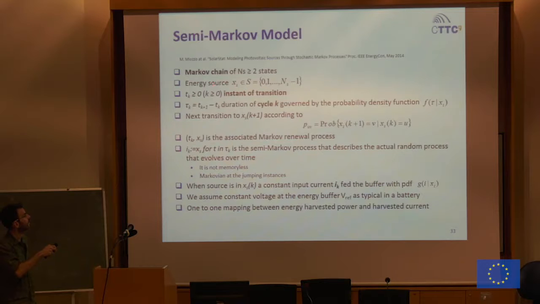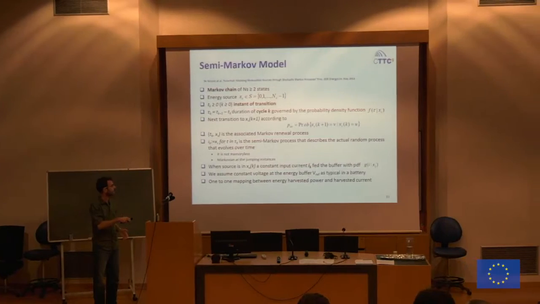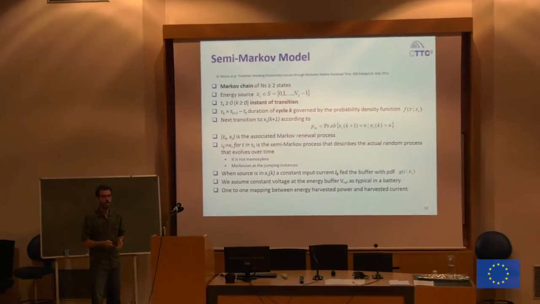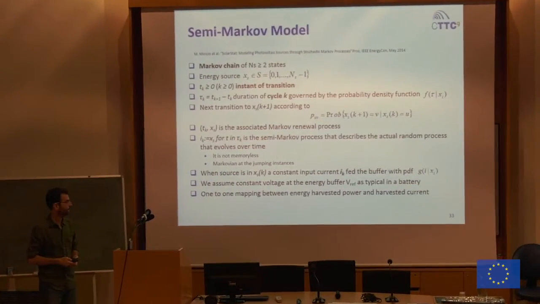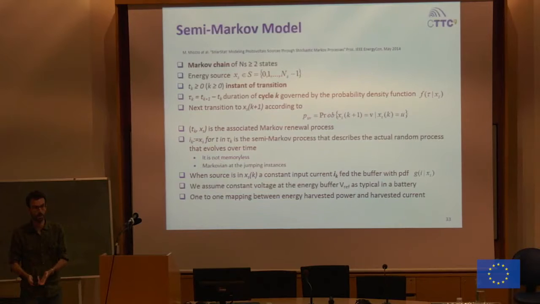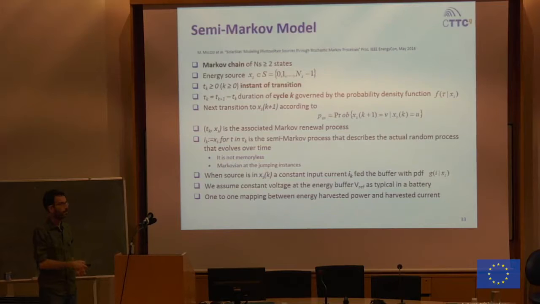So we have a Markov chain with NS states, with NS higher than 2 because fewer is not useful. And it is semi-Markov because the system is evolving in cycles. So when we are at a given instant of time k, for example, the state gives us the current that is produced by the solar panel to the load, and is governed by this PDF, let's call it G.